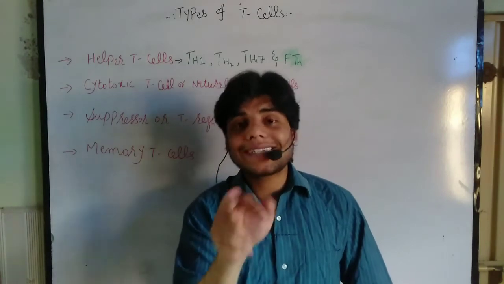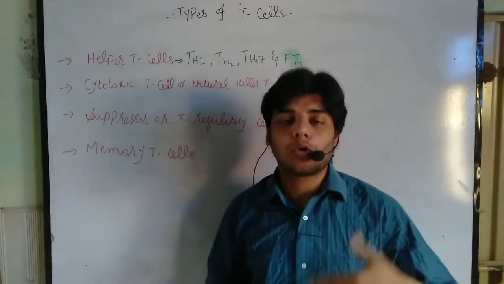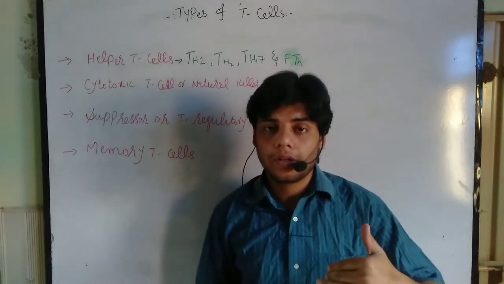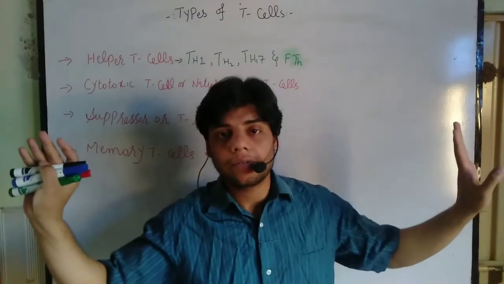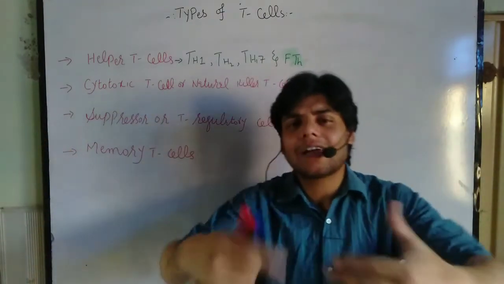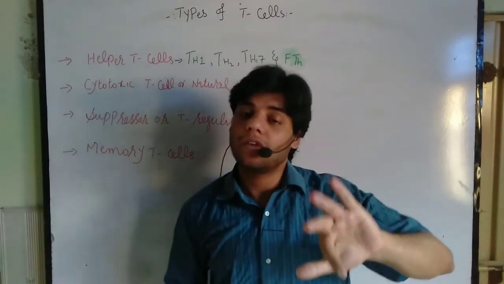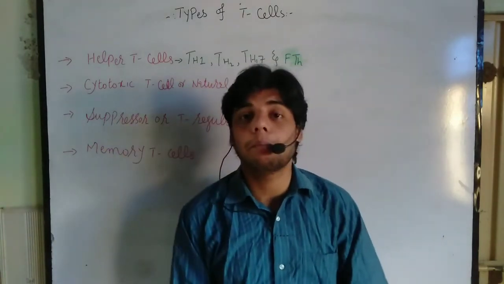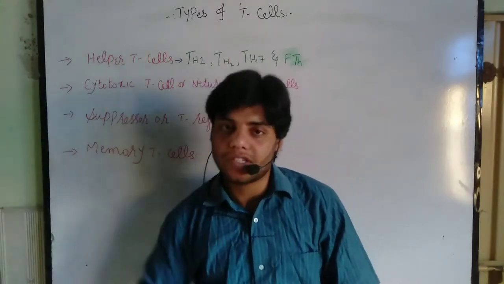Now, during a second infection of the same microbe, for example, if the same Mycobacterium tuberculosis comes inside our body, then what happens? The cells are now ready. The memory T cells get activated against the same microbe, and they will control the infection, or kill the same microbes immediately and faster as compared to the first infection.